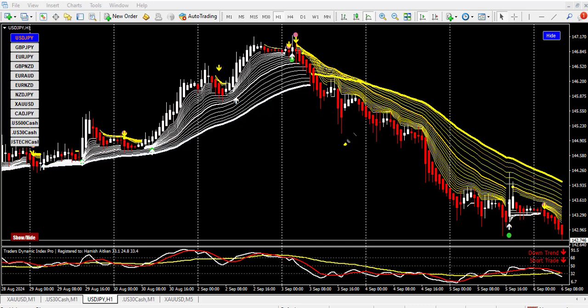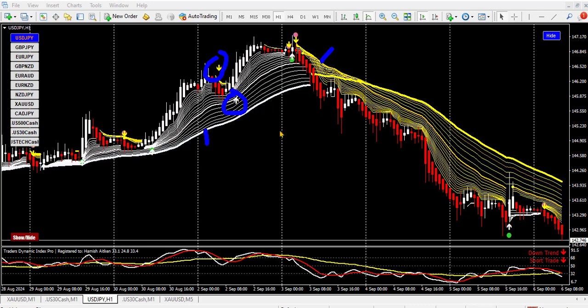Now follow me closely as I explain how to use these tools on any forex broker. Here I have moving averages that did turn to yellow color for a sell, and I have the white color for a buy. I have this non repainting arrow, the yellow and the white arrow.